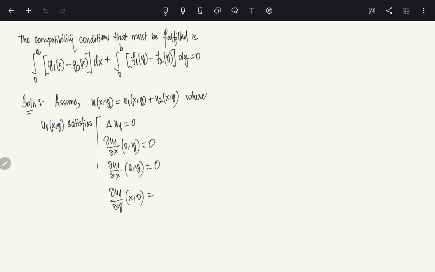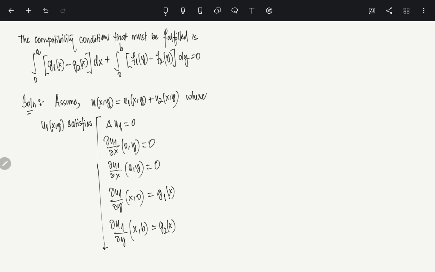So for u1 I am taking the x-derivative to be 0 initially, and for the other part I am putting the boundary condition, which is g1 of x, and del u1 del y at the point xb is g2 of x. Clear? So this is one condition. You understand what I am doing? The boundary condition we are breaking up.